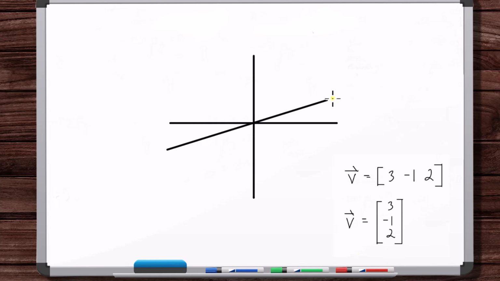So, okay, here's the vector space of this vector. Let's say this is a velocity vector, and this is the vector space of all three-dimensional velocity vectors. Okay, what that means is that this is not x, y, and z. No, this is velocity in the x, velocity in the y, velocity in the z.